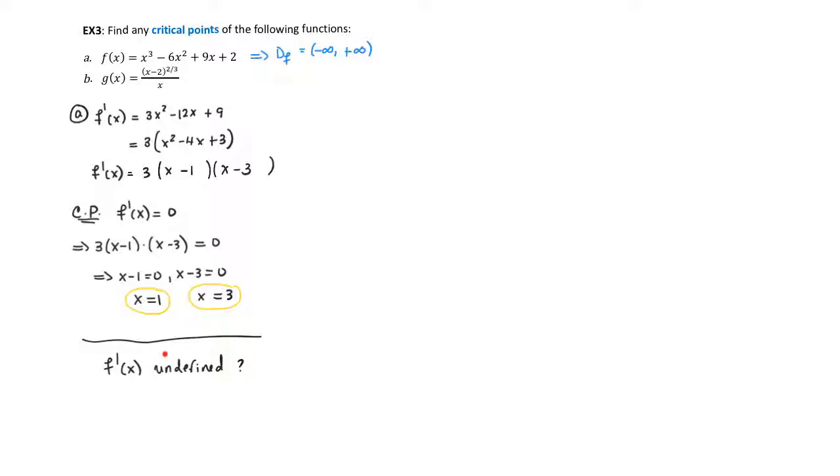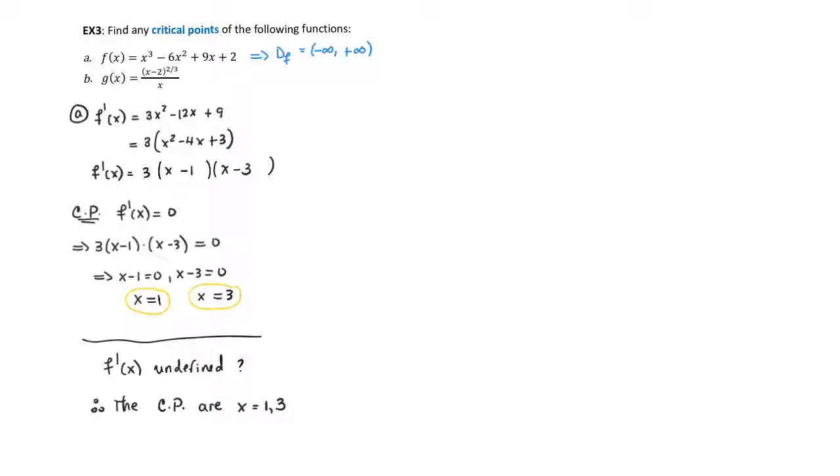So that means that I can draw a tangent line anywhere in the domain of this function. In other words, f prime of x is never undefined. That means that these are the only critical points. So as a conclusion, therefore, the critical points are x equals 1 and 3. So these are the two critical points that I found.